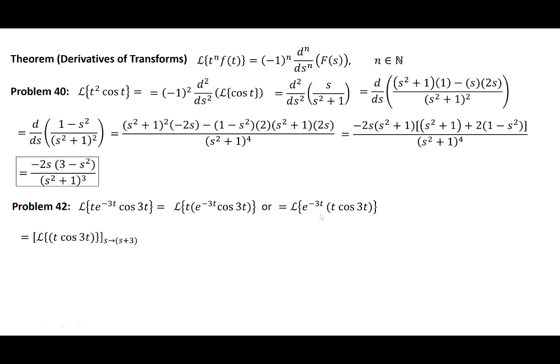Laplace of t cosine 3t, to which a shift would be applied. Applying a shift is just simply replacing s with s plus 3. That's an easy concept to do, right? So negative d ds t times -1 to the n, -1 to the 1 is -1. That's what I have. D to the n dsn is d ds of Laplace of cosine 3t, which is s over s square plus 9.